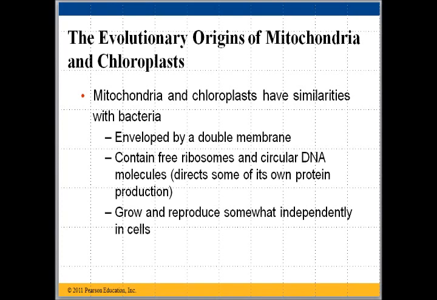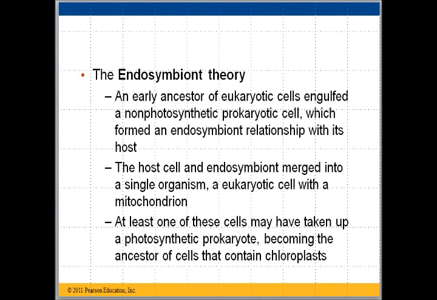They grow and reproduce somewhat independently in the cells, and the DNA inside of them is separate and apart from the DNA inside the nucleus. So it's almost like you have another living creature, another living cell within your eukaryotic cell.